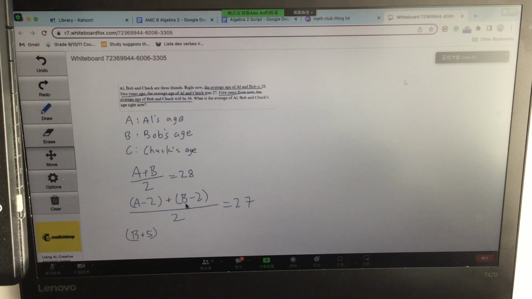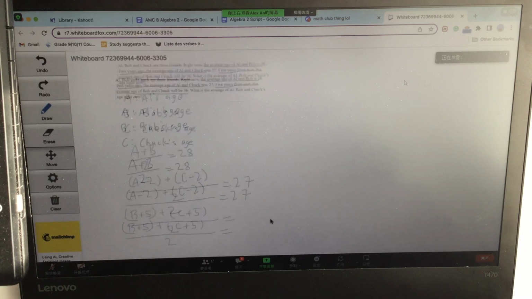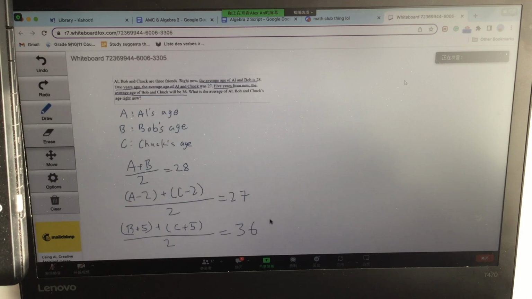And likewise, Chuck's age will be, oh wait, that's supposed to be a C. Likewise, 5 years from now, Chuck's age will be C plus 5, because in 5 years, your age is increased by 5. Average, so we divide by 2, and it's 36. So this equation here, we're just going to multiply both sides by 2.